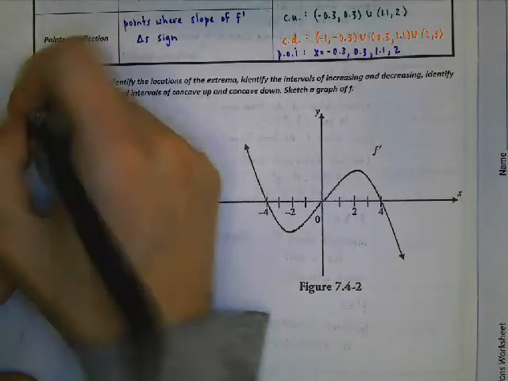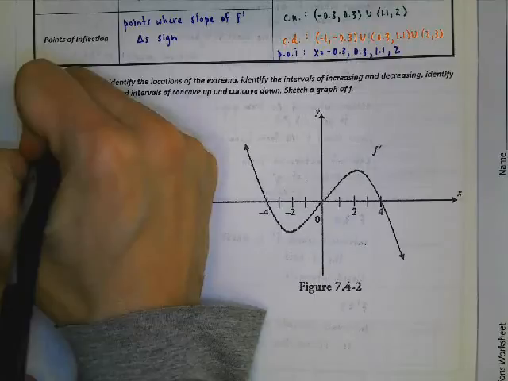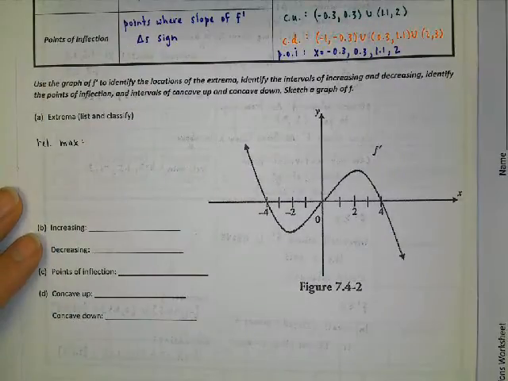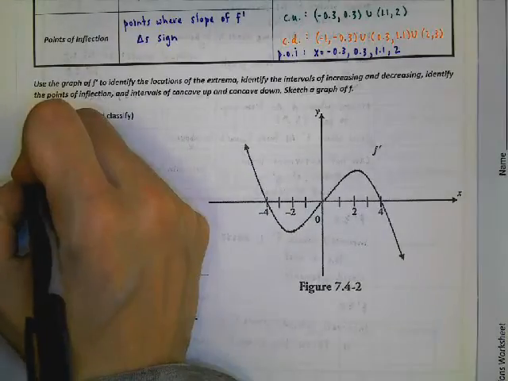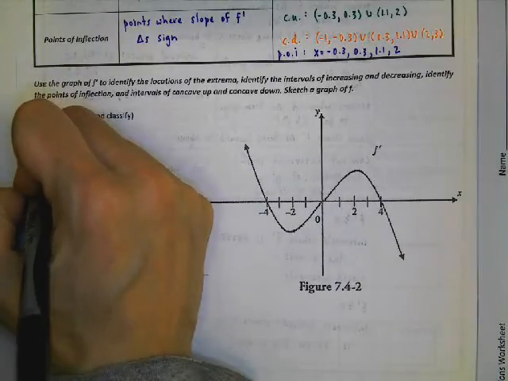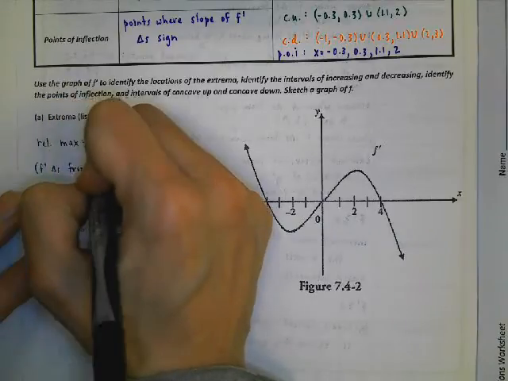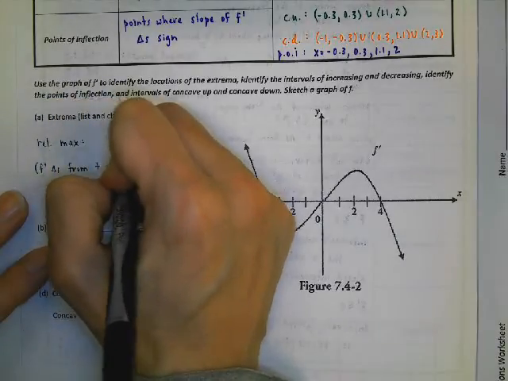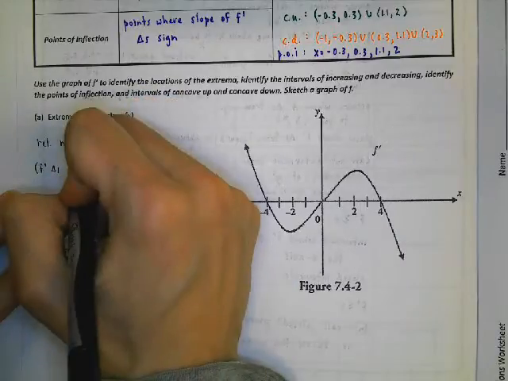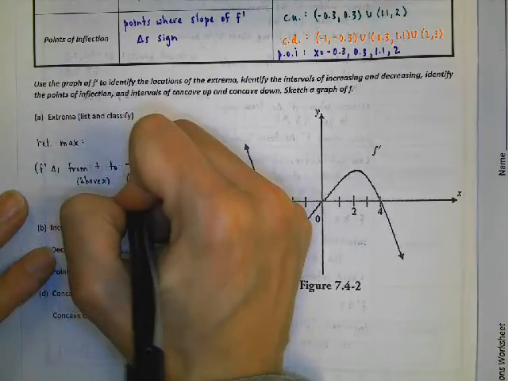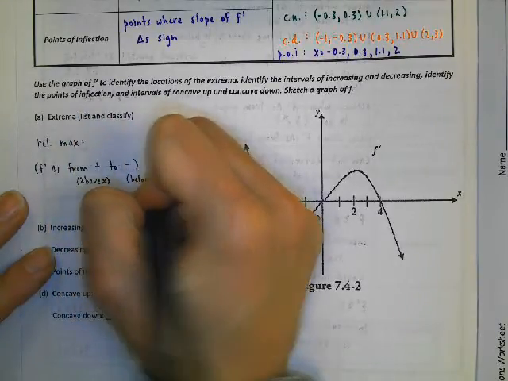So the first thing let's look out for is our relative max values. And again, just to remind ourselves, these are points where f prime changes from positive to negative, or really from above the x-axis to below the x-axis.